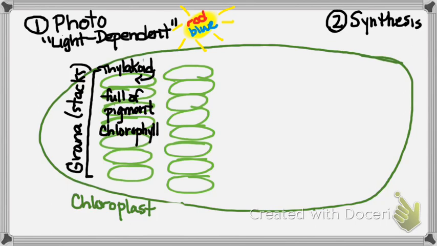But out here in between all the thylakoids, in between all of the grana stacks, is liquid. And this liquid is called stroma. This is just the fluid that is surrounding the thylakoids. Okay, so that is also present as well.